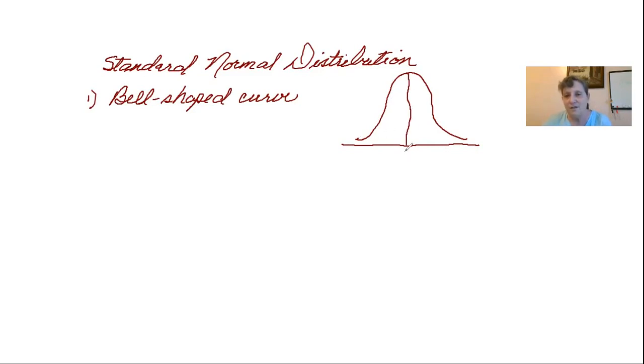The center of this is mu, and in a standard normal distribution, that's going to be 0. Then you start counting over by the units, which are actually the standard deviation. So that's 1 standard deviation, 2 standard deviations, 3 standard deviations.